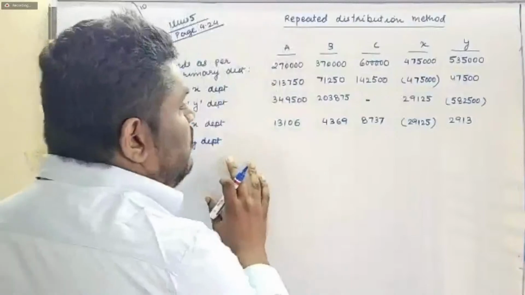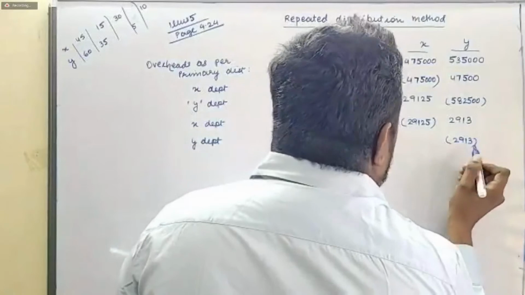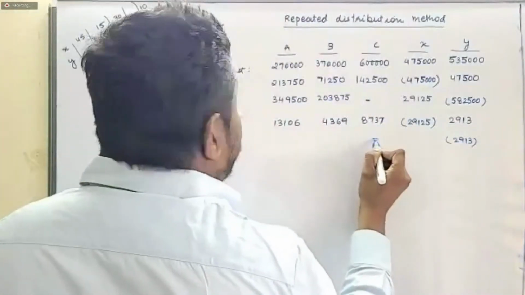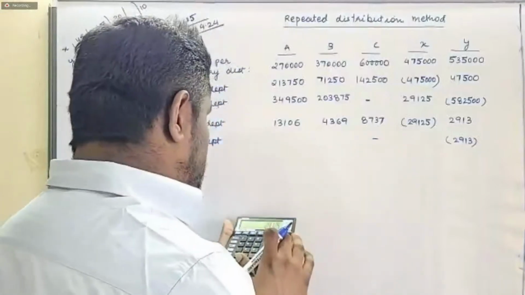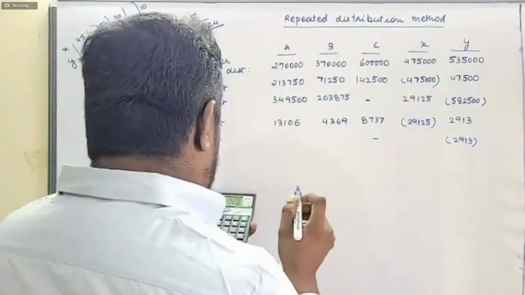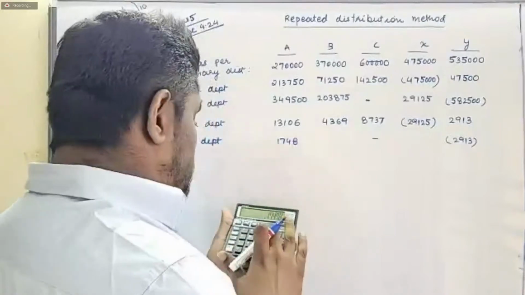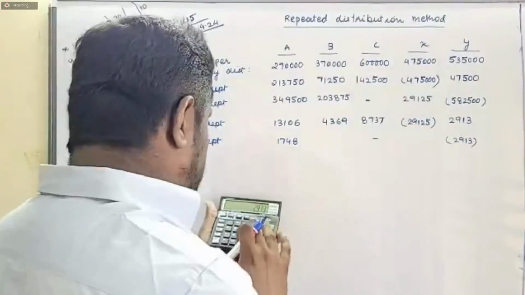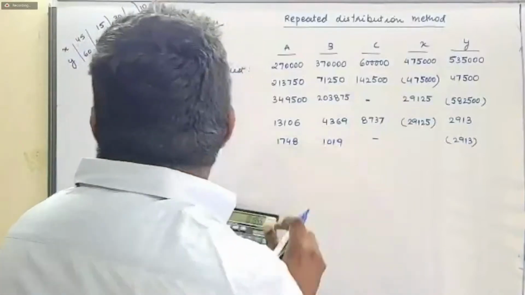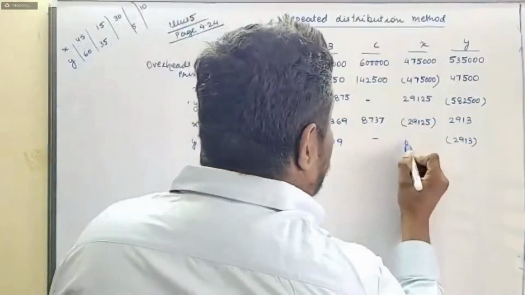So herein we'll distribute the overheads of Y department, that is 2913, to A, B and X. This will be 1748. One 145.